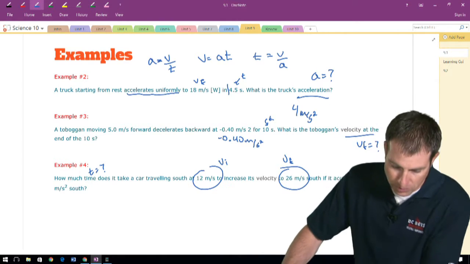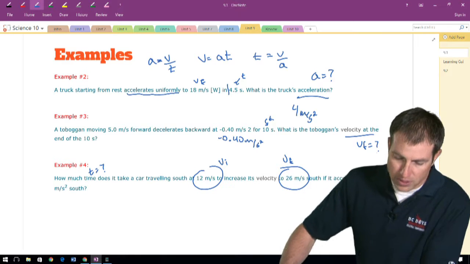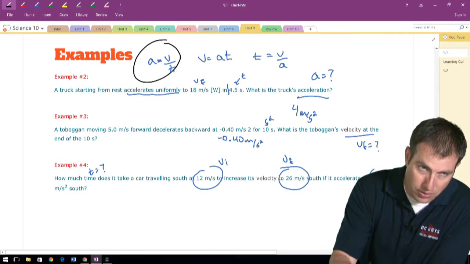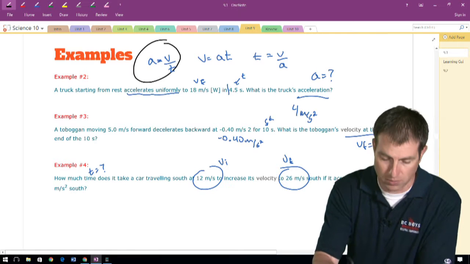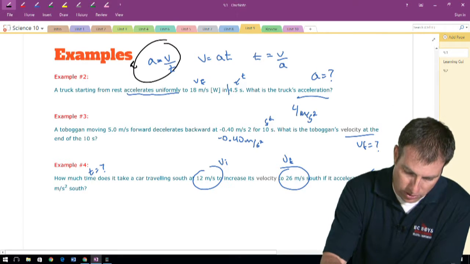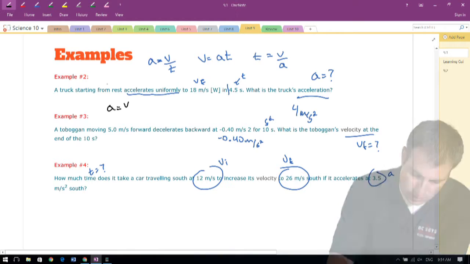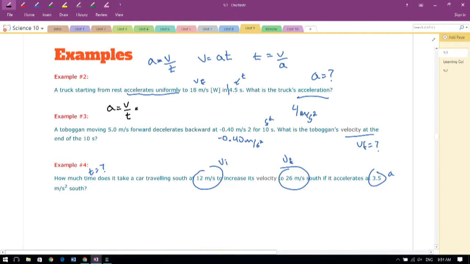All right, so let's see what we can do here. We're trying to find the acceleration. So I know from my formula up here that acceleration is going to be the velocity divided by how long it took to change that velocity. So acceleration is velocity divided by time. It says it accelerates uniformly to 18.